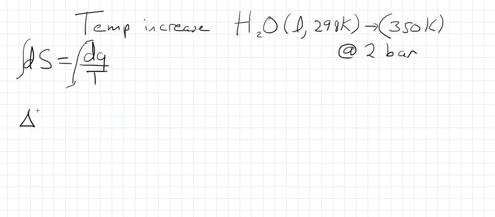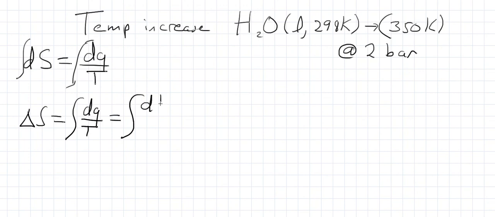Okay, we get delta S is equal to, well, wait a minute, we can't pull the T out because we explicitly said that T is going to be changing. So in this case, we actually have to do the integral. So how are we going to do that integral? Well, we need one variable. So we need to put everything in terms of T. Well, the first substitution we can make is that if we're working at constant pressure, we can replace dq with the enthalpy.